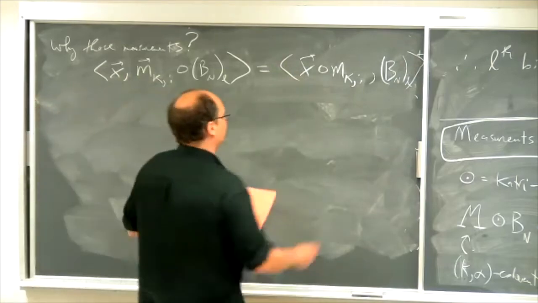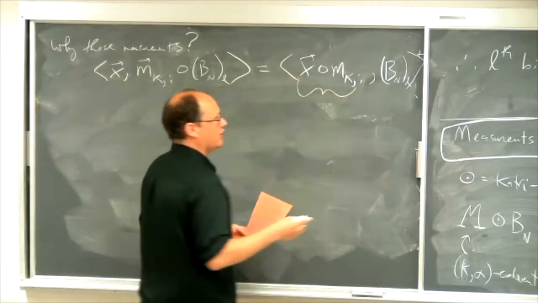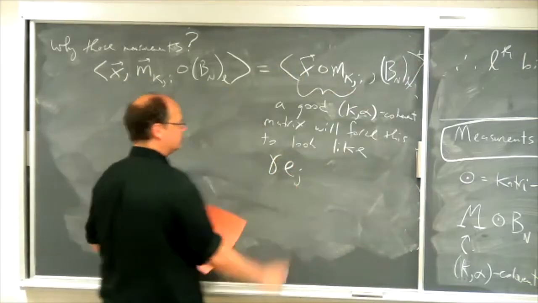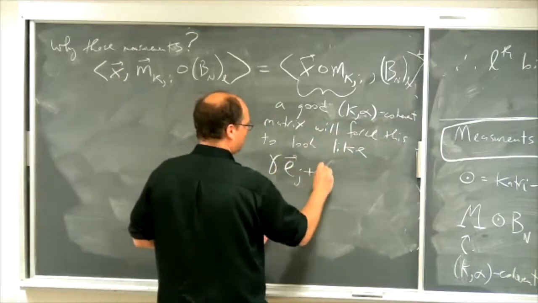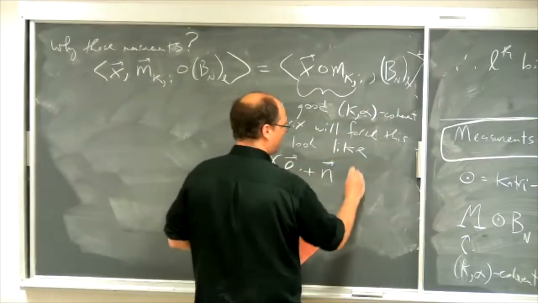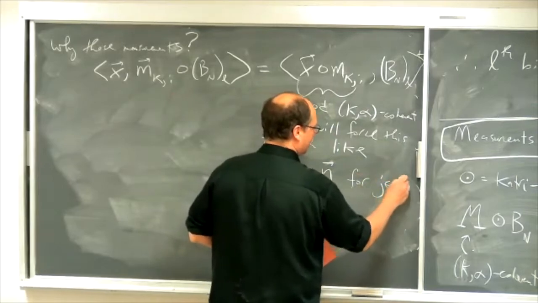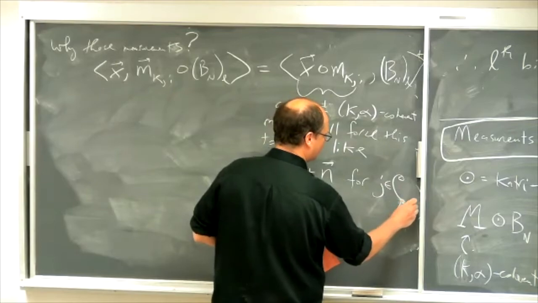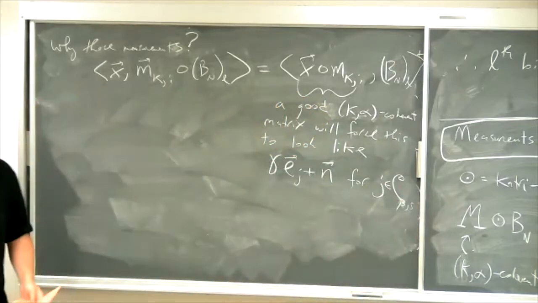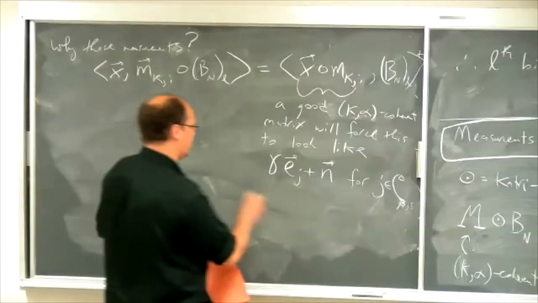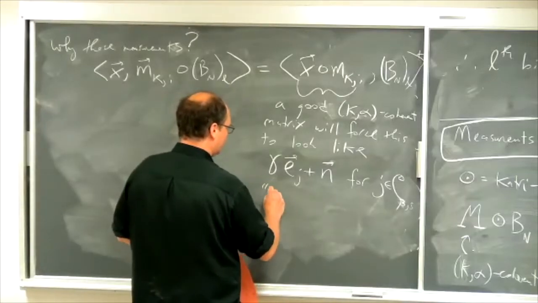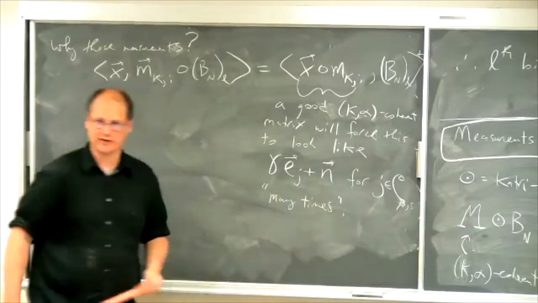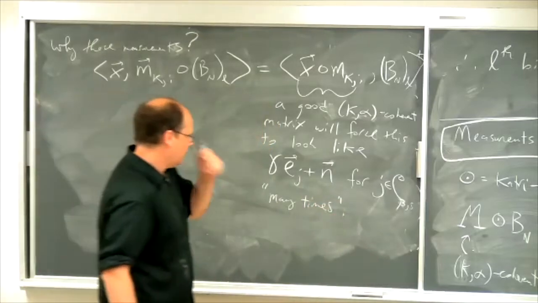And then the point is that my K alpha coherent matrix can force this alpha EJ plus noise for n in one of our important heavy element sets many times, effectively.